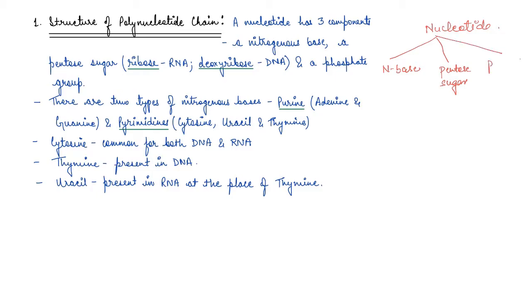And then we have a phosphate group. So there are three parts to a nucleotide, right? We have a nitrogenous base, a pentose sugar, and a phosphate group. Now, this pentose sugar in case of RNA is ribose sugar. In case of DNA, it is deoxyribose sugar.